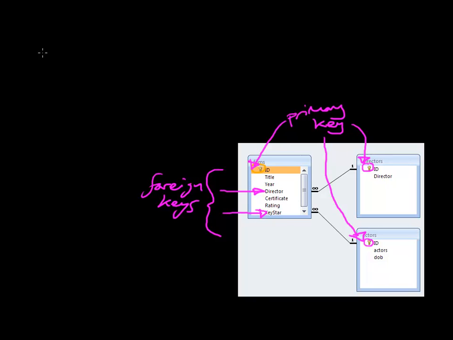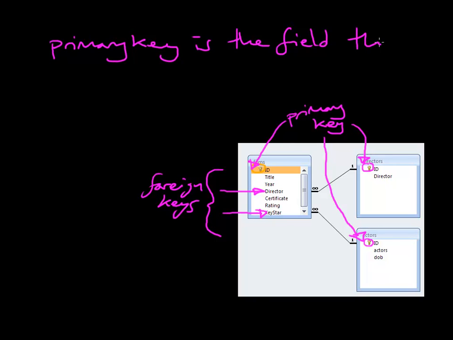So the primary key is the field that has unique values, and it will make every single record unique.